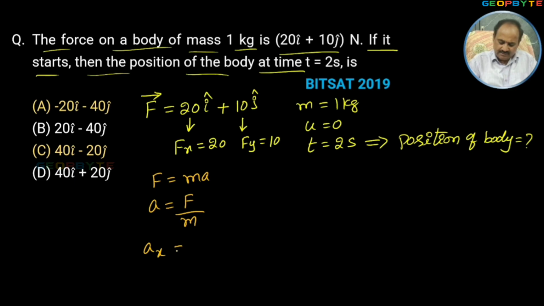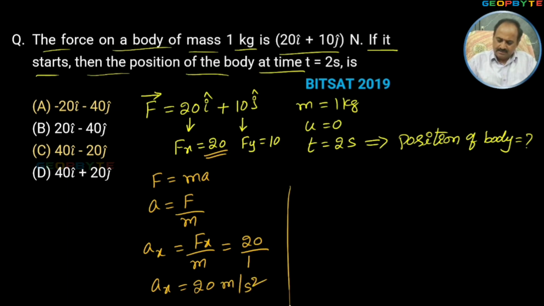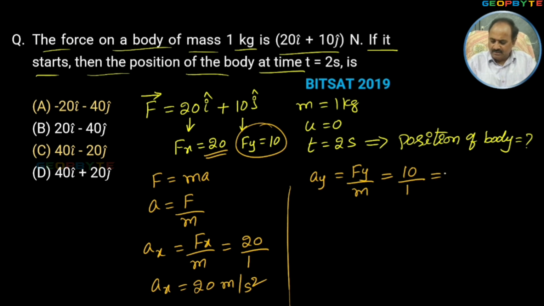Then acceleration along the x direction equal to force along x divided by mass, 20 divided by 1, equal to 20 meter per second square. The same way, acceleration along y direction equal to force along y divided by mass, 10 divided by 1 equal to 10 meter per second square.